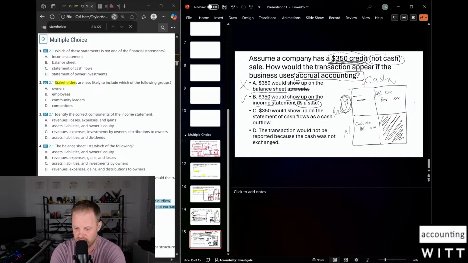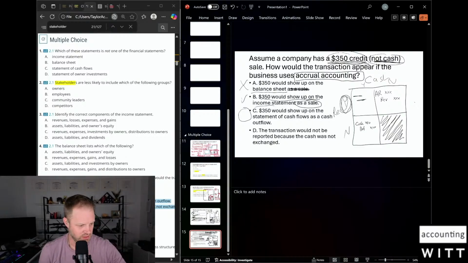That one sounds good. 350 would show up on the statement of cash flow as a cash outflow. Well, this is a no cash flow yet. Unless this is getting tricky and talking about adding back between our income to cash reconciliation. I don't know if that's what it's doing.